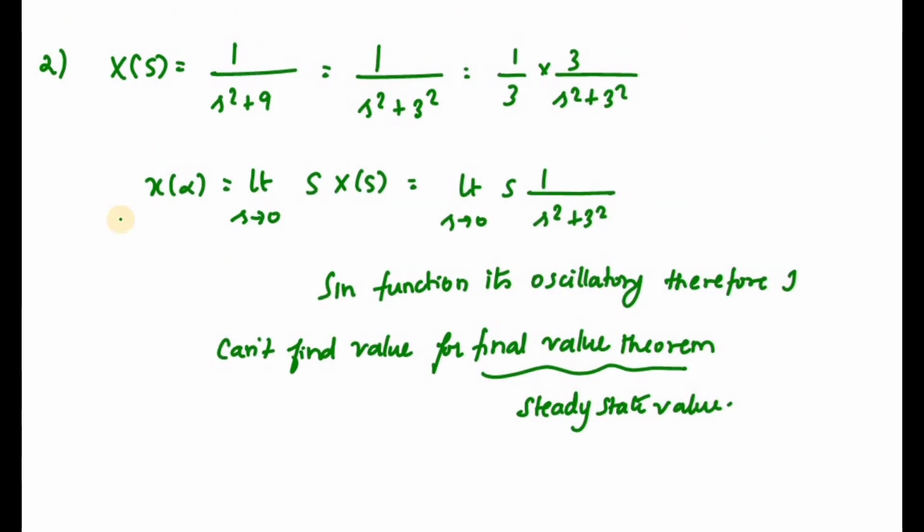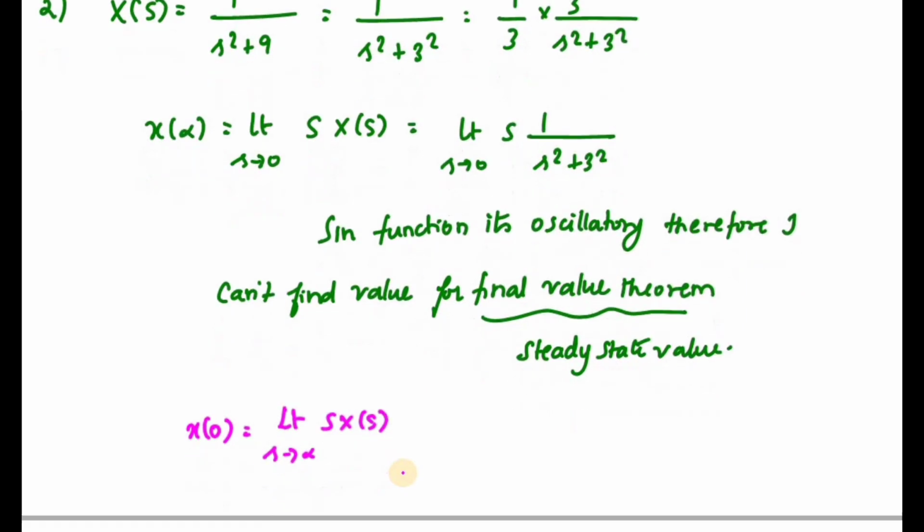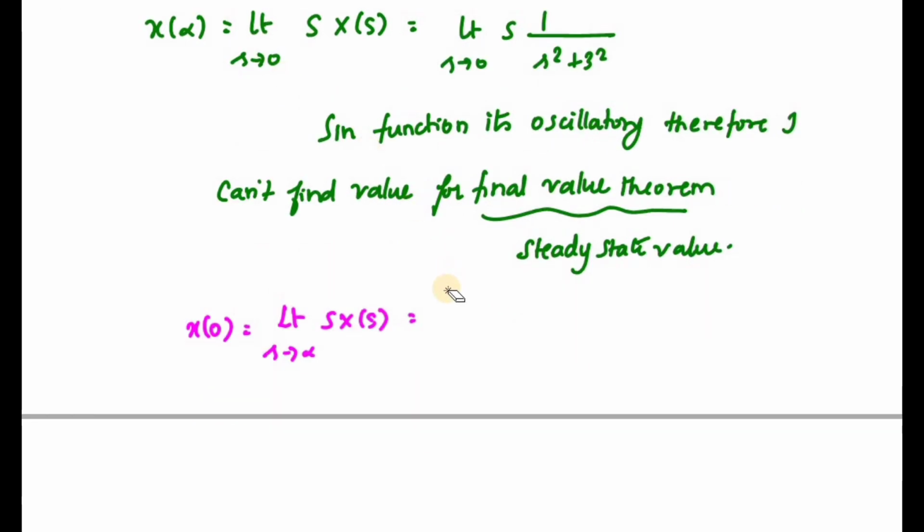So next, to find the value of x of 0. So x of 0 is equal to limit s tends to infinity s into X(s), that is equal to limit s tends to infinity s divided by (s squared plus 3 squared).